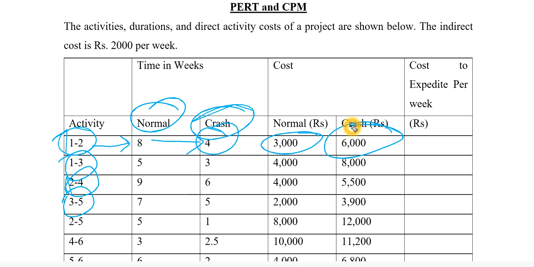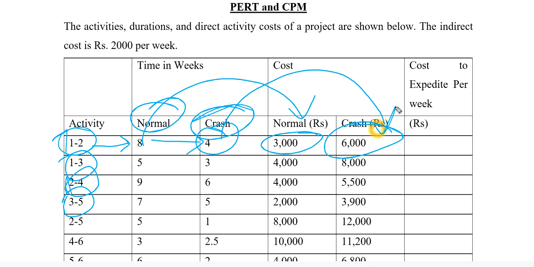If I want to complete this activity in 8 weeks, the cost required would be 3,000. And if I want to complete the same activity in a lesser time period, that is 4 weeks, then the cost would be 6,000.